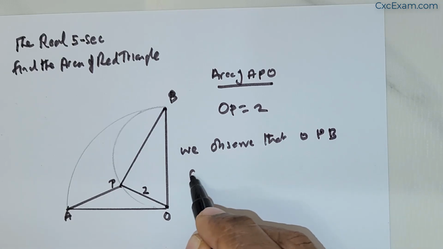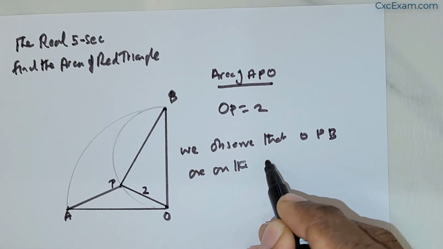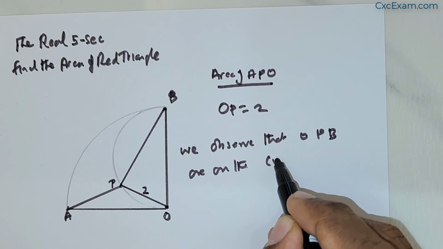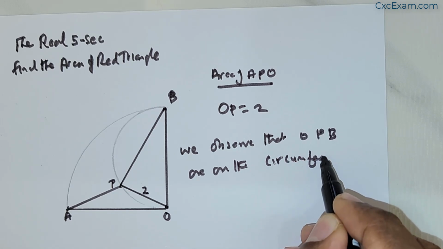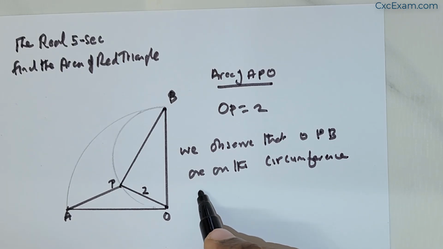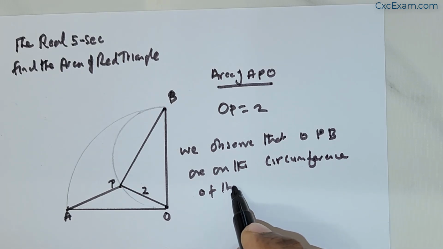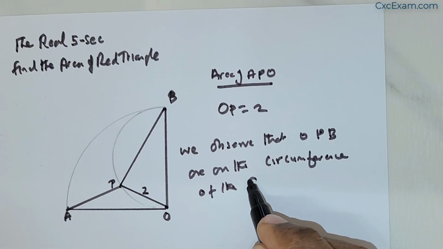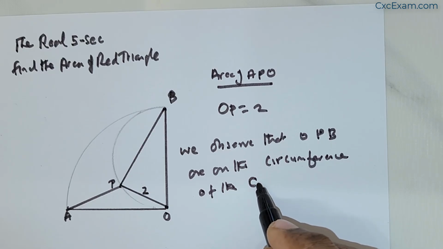O, P, B are on the circumference of the semicircle, okay?